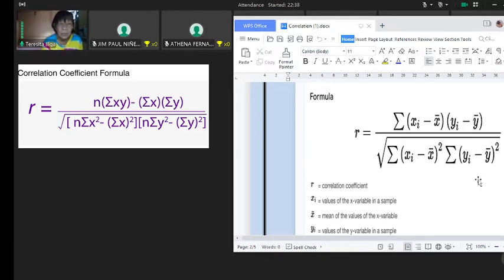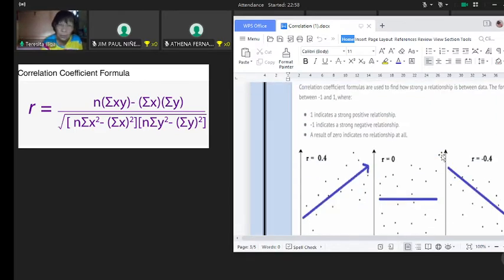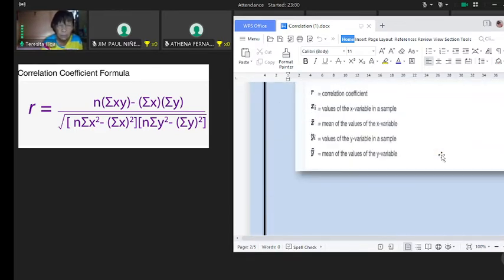If you use the second formula, the same table can be used in the solution of the regression, because the regression formula has the same components as your correlation coefficient. So screenshot it, since it was not included when I uploaded the first formula.